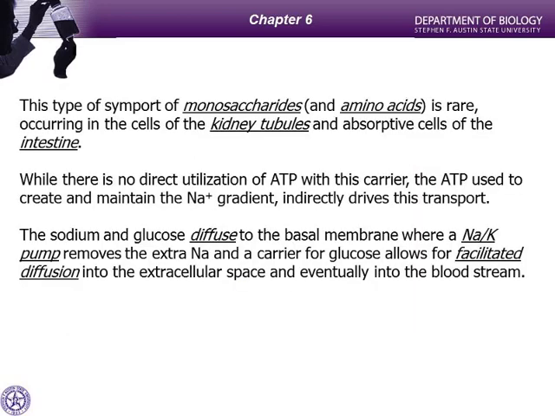So when we look at all this, we're going to see that sugars, like we saw with glucose, and some amino acids are going to be transported in this facilitated way. And again, we've got that facilitated diffusion as a secondary active transport mechanism with the sodium-potassium pump providing the potential energy in the form of that gradient through primary active transport.